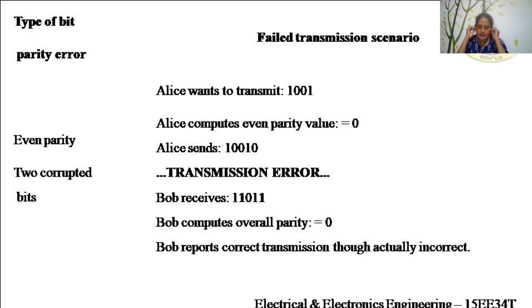Let the data received be 11011. When Bob calculates the parity, he sees that it is even parity and assumes the data received is correct, but actually the data received is incorrect.